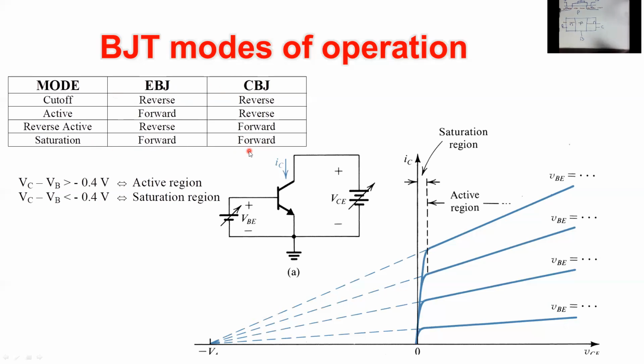Maybe in the next semester, inshallah, in the electronics course, we will go more deeply toward understanding the saturation and the cutoff, but during this course, we will limit our understanding to the forward active mode, which is one junction forward and the second is reverse.